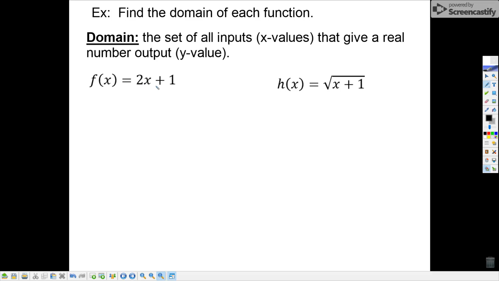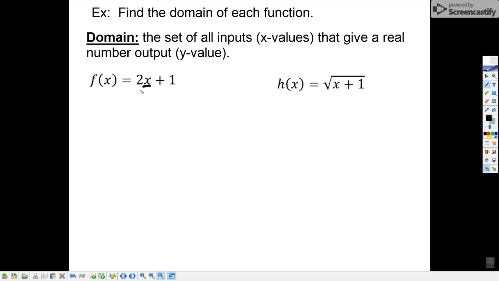However, another way I think about it is I personally problem solve and try to decide, is there any x value that I can put into this equation, 2x plus 1, that would give me a y value that is not a real number? So for instance, if I put 1,000 in, 2 times 1,000 plus 1, that should still be a real number.